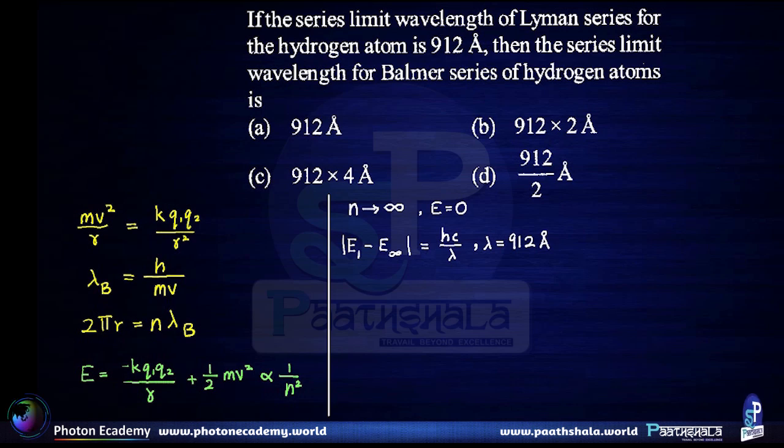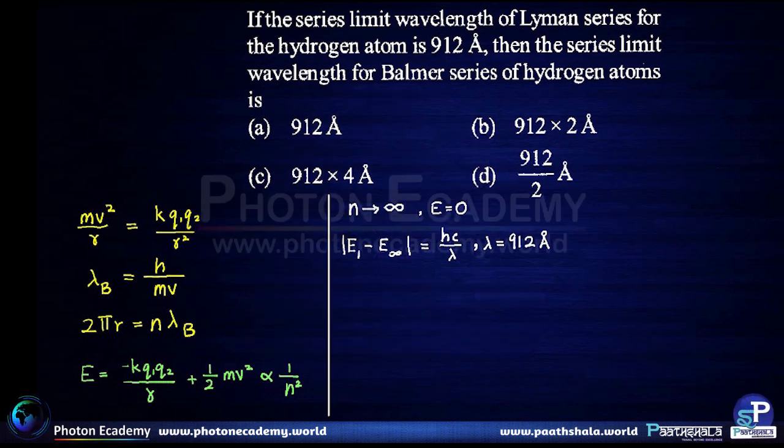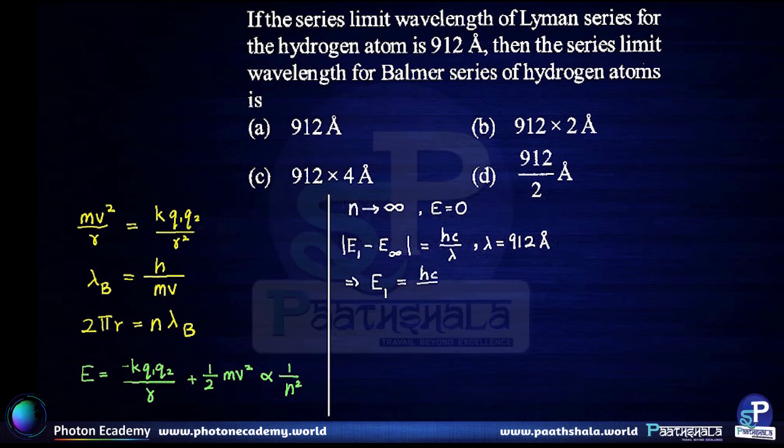But since we know that E infinity is 0, this only tells us that the energy of n is equal to 1 is associated with the wavelength of 912 angstroms.